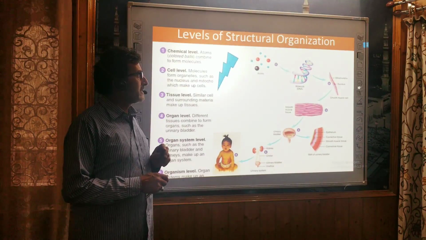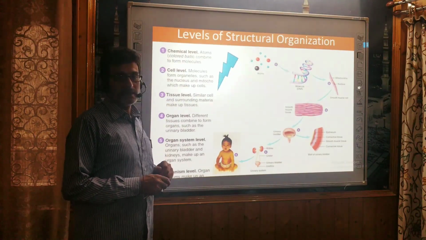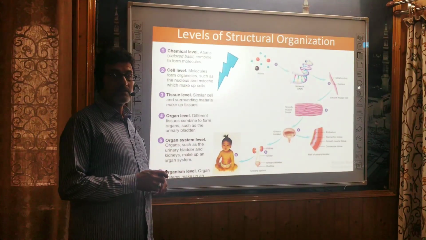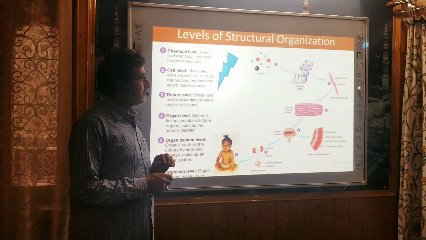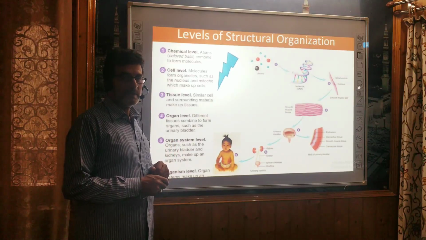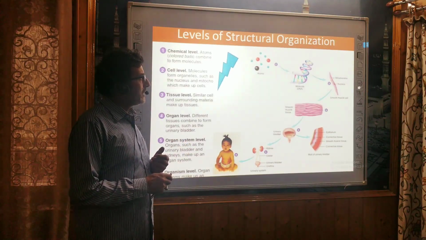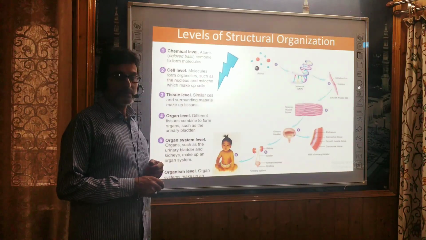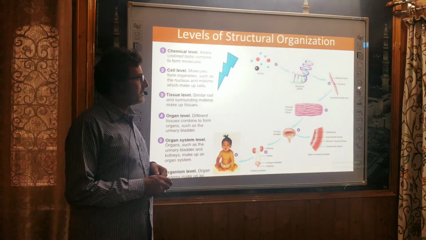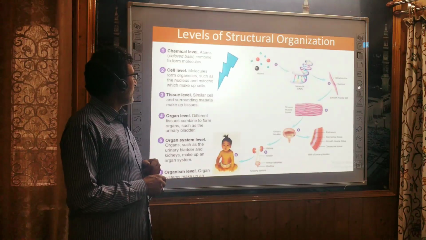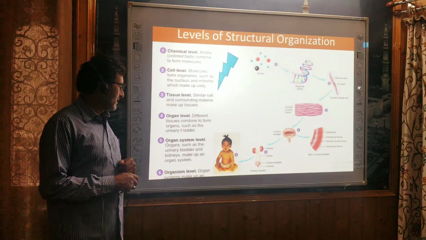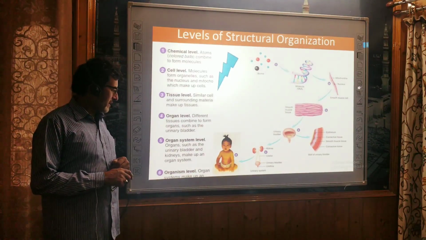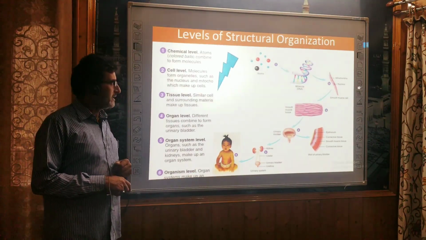In our body cells, one microscopic cell contains about 5,000 chemicals, in the form of inorganic and organic substances, different elements. So atoms combine to form molecules, molecules combine to form tissues, tissues combine to form organs, organs combine to form organ systems, organ systems combine to form an organism.